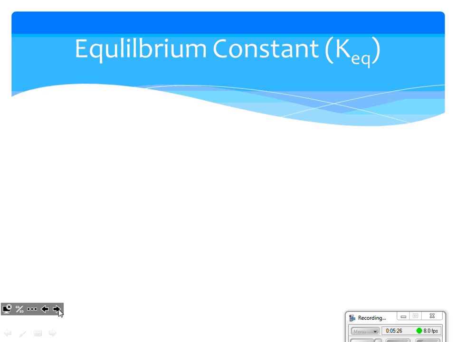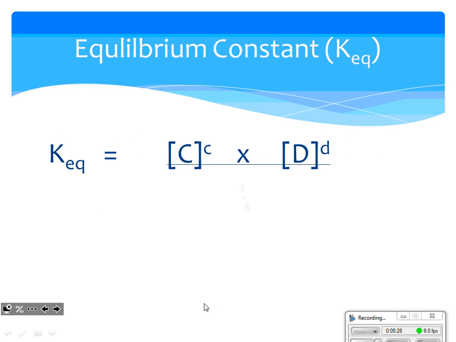And when I use this general form, I can come up with the following. Whereas brackets C, if I have the bracket with the C, I read that as the concentration of reactant, or excuse me, that would be product, the concentration of product C to the lowercase c power.